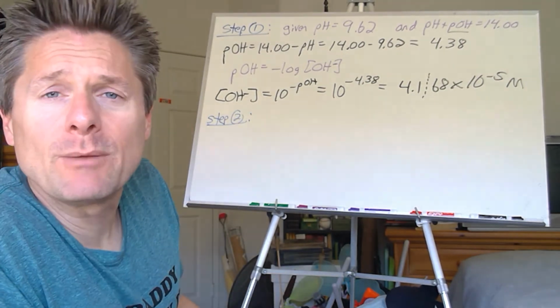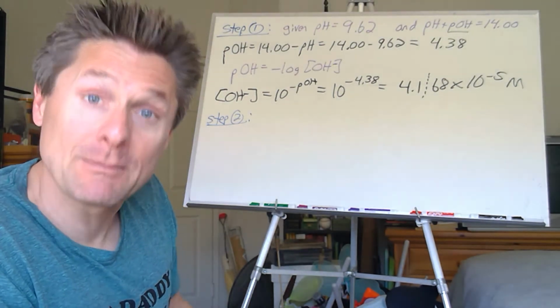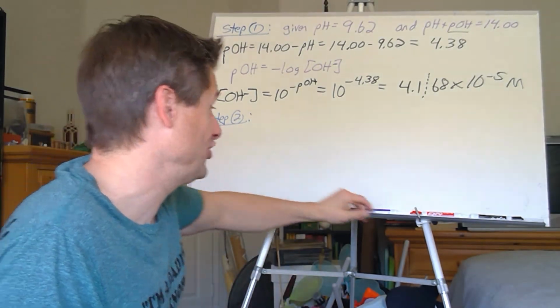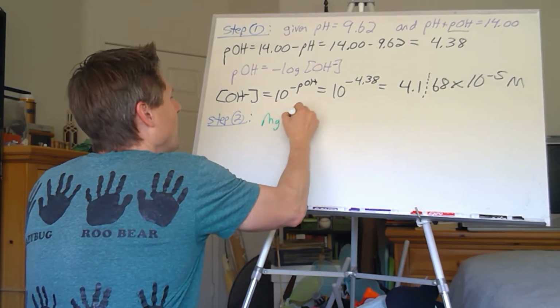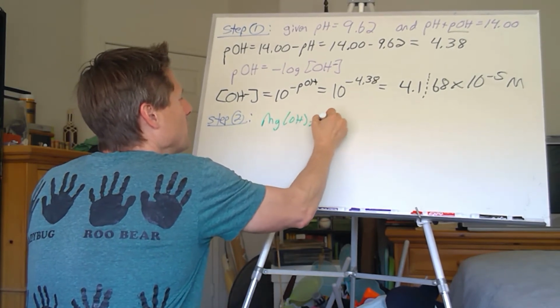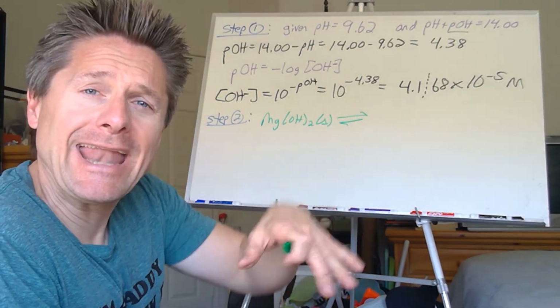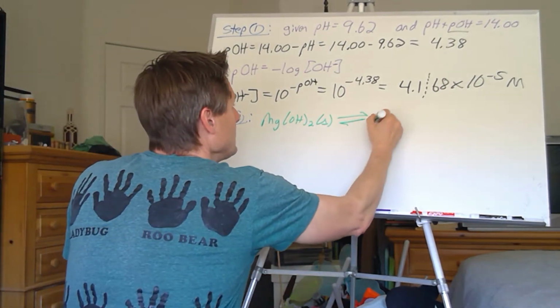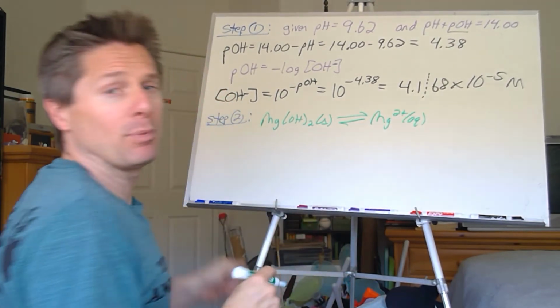So now let's go to step 2. Let's write the equilibrium equation and equilibrium expression for our magnesium hydroxide solid, or whatever solid it is. It doesn't matter. So we've got magnesium hydroxide solid. This should be pretty easy. That's going to be maintaining an equilibrium with its cation and anion in solution. So that'll be the magnesium ion, which is an alkaline earth metal with a +2.